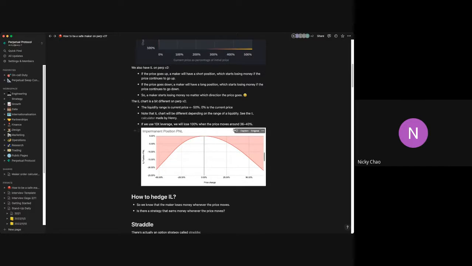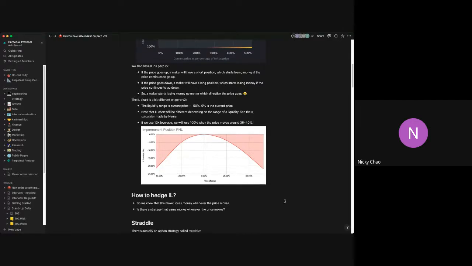And we can see that when the price moves around like 63% to 40%, it's around here, we will suffer from a 10% loss. But this is not using any leverage. So if you have 10 times leverage, you'll basically lose 100%, which means you'll get liquidated. Even if it's like a small range of price movement like this.